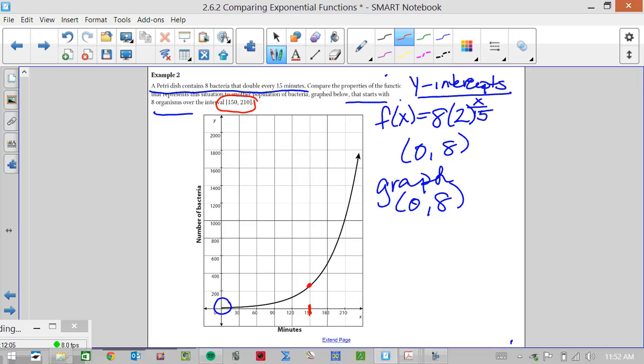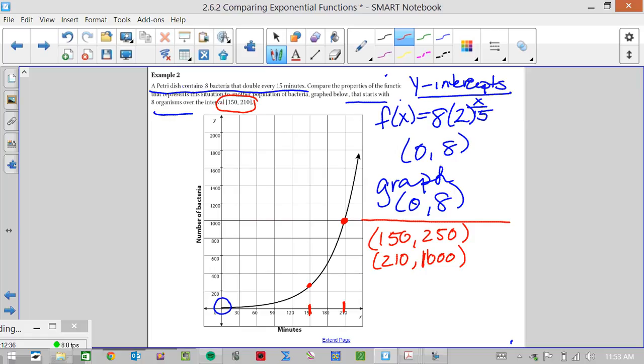So the point that I'm going to pick for the graph to find the rate of change is going to be 150, 250. And then my next part of the interval is at 210, and that looks like it's at 1,000. So these are my 2 points that I need to use.